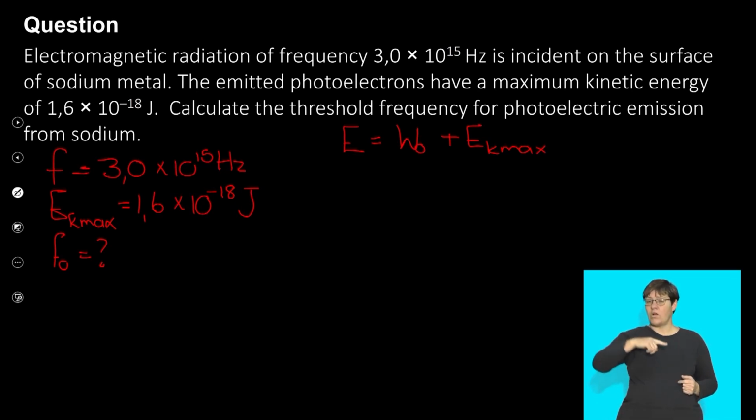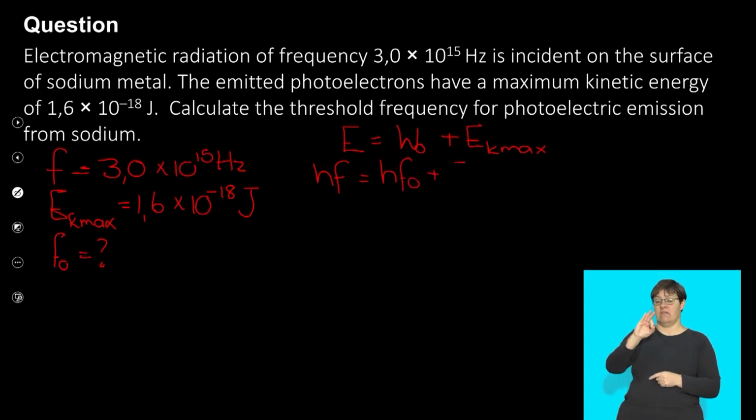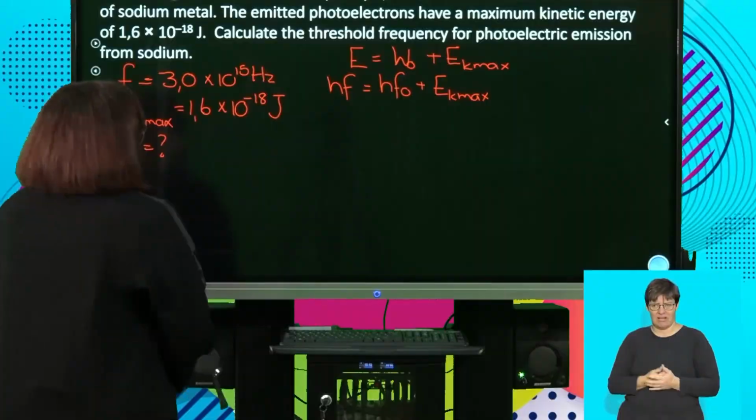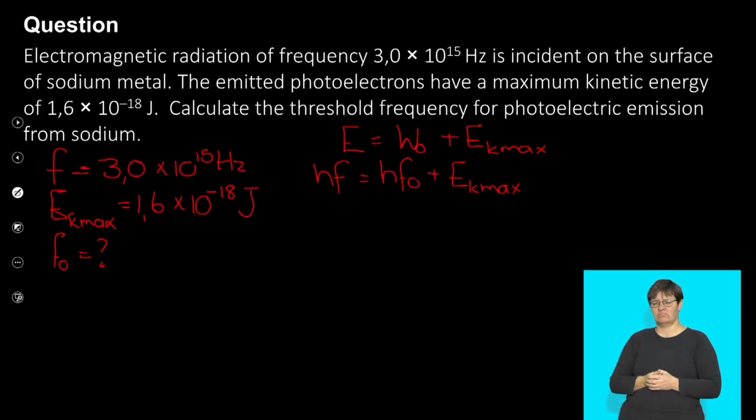So I can use the second version of this equation where HF is HFO plus EK max. I'm not going to write it as a half mv squared because I know the value of EK max. Okay? So now we need to write in everything we know.